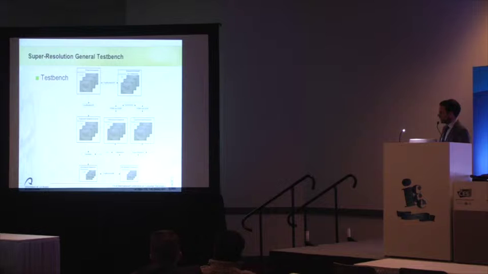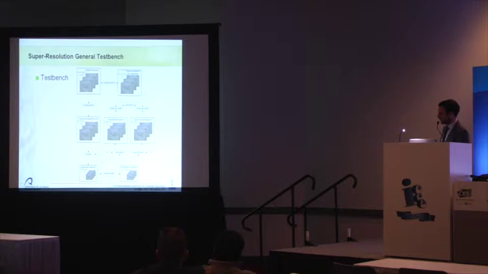This is the test bench that we have used. We get an original sequence, and then we adapt this sequence to a decimated one, and then we interpolate, we super resolve, and we compare both results using objective quality metrics.